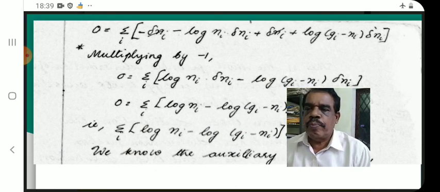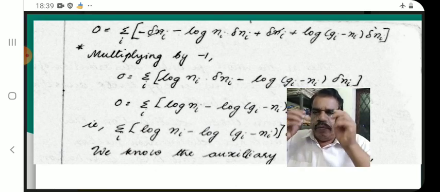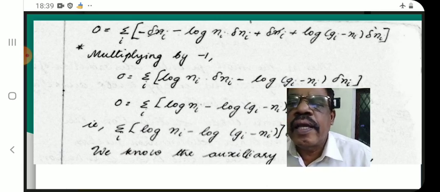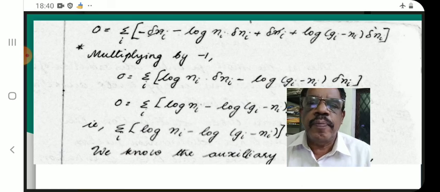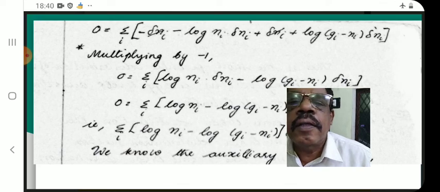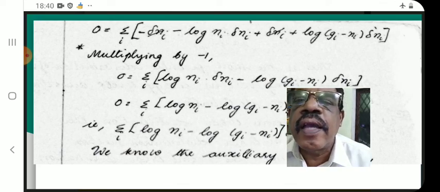So we put 0 equal to sigma i of minus delta Ni minus log Ni delta Ni plus delta Ni plus log (Gi minus Ni) delta Ni, minus into minus, plus the last term. And here delta Ni will cancel.